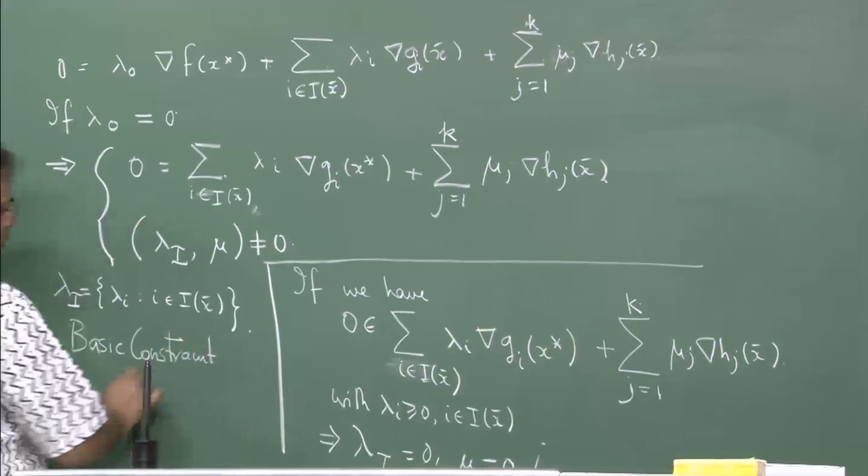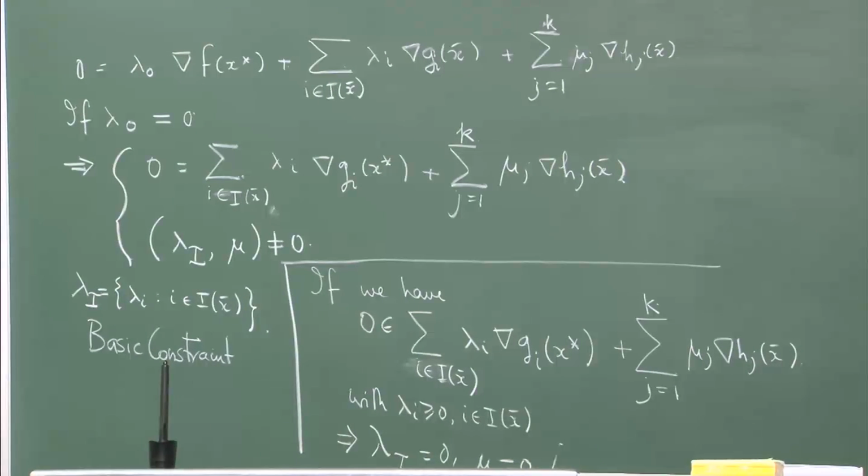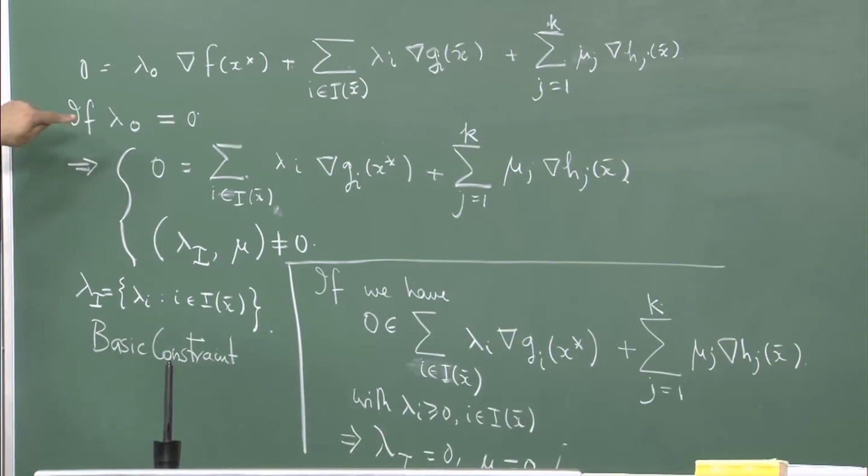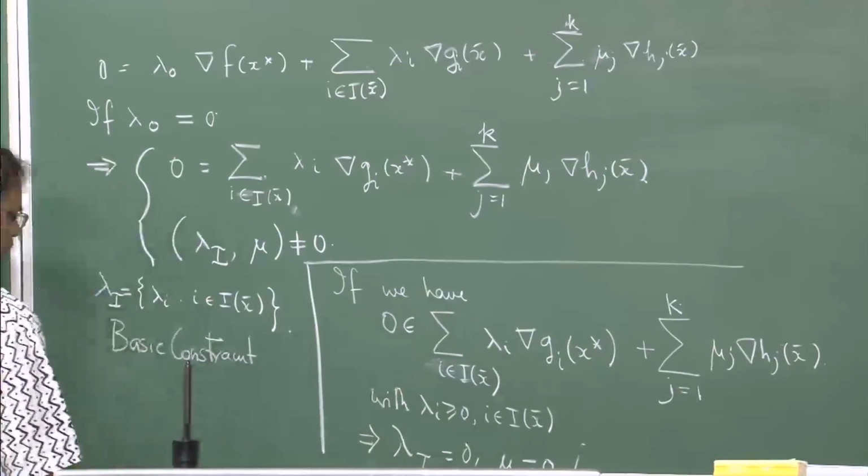So, it is a qualifying condition on the constraint which is always guaranteeing me that lambda naught cannot be equal to 0.